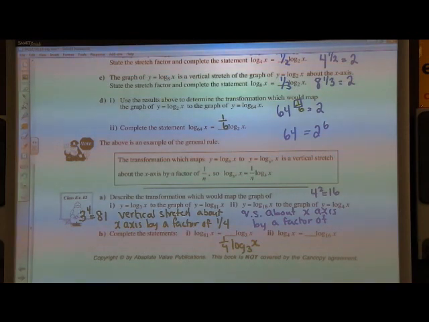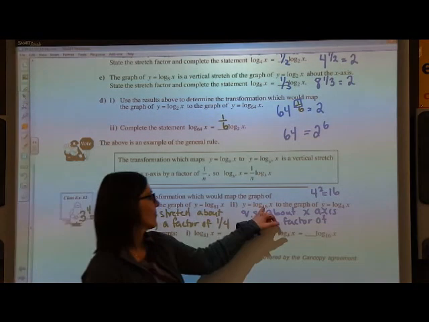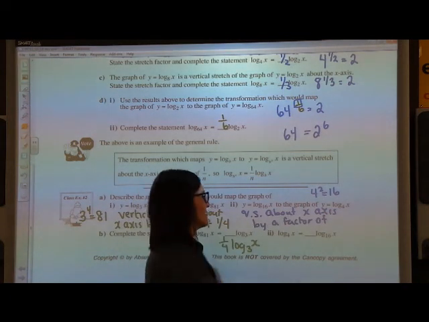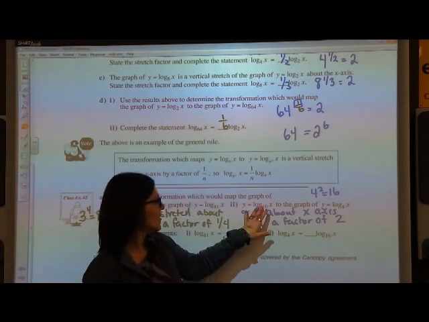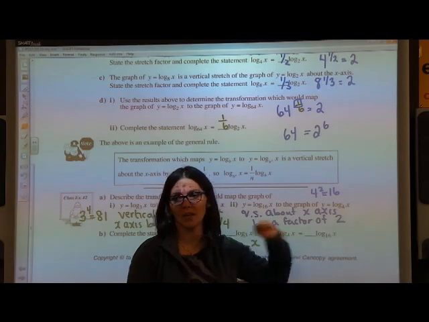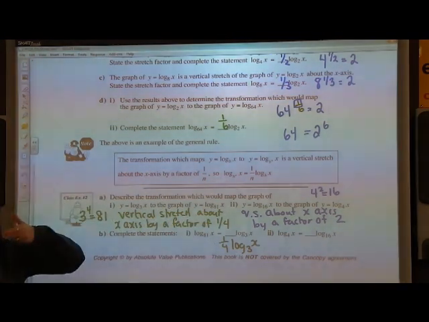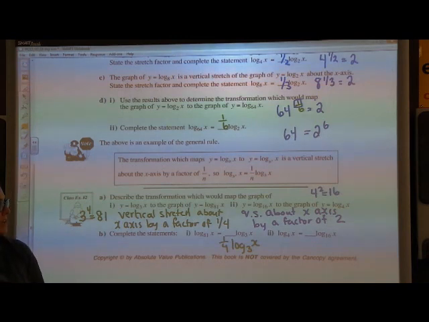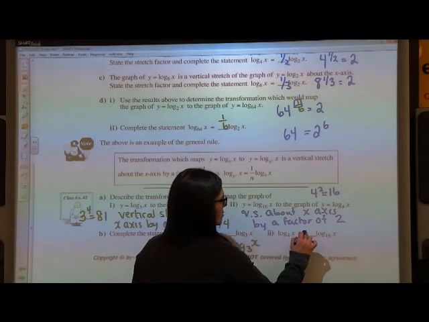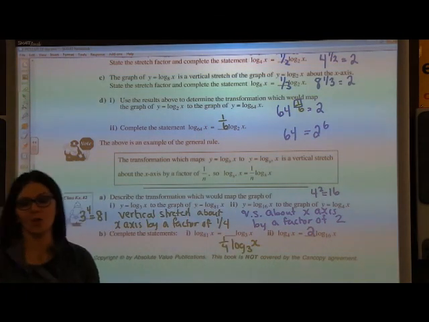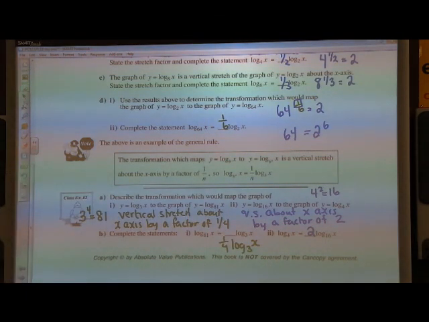Why 2 this time and not 1/2? Because it's flipped, like you're trying to find it. I gave you the bigger one first. Right. So if I'm going from the bigger one to the smaller one, it's a factor of 2. If I'm going from the smaller to the bigger one, it then becomes the reciprocal. So then log base 4 of x would be 2 times the value of log base 16 of x.